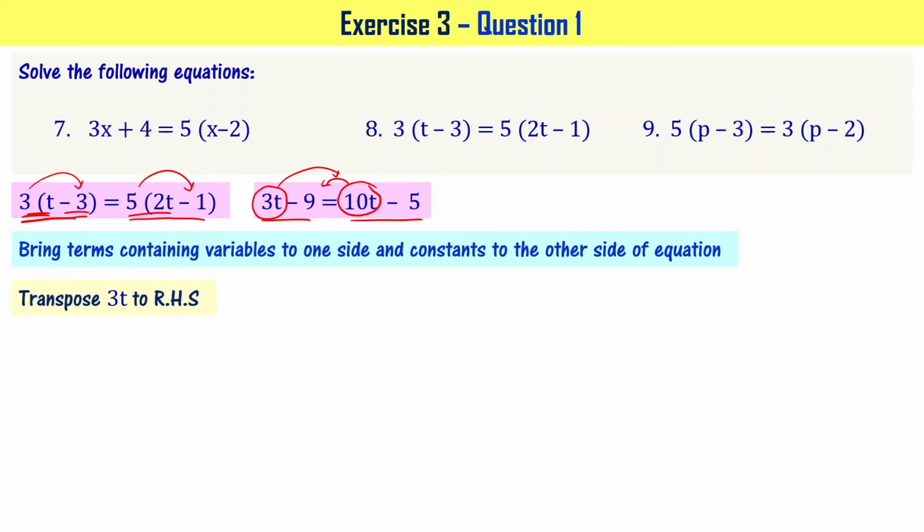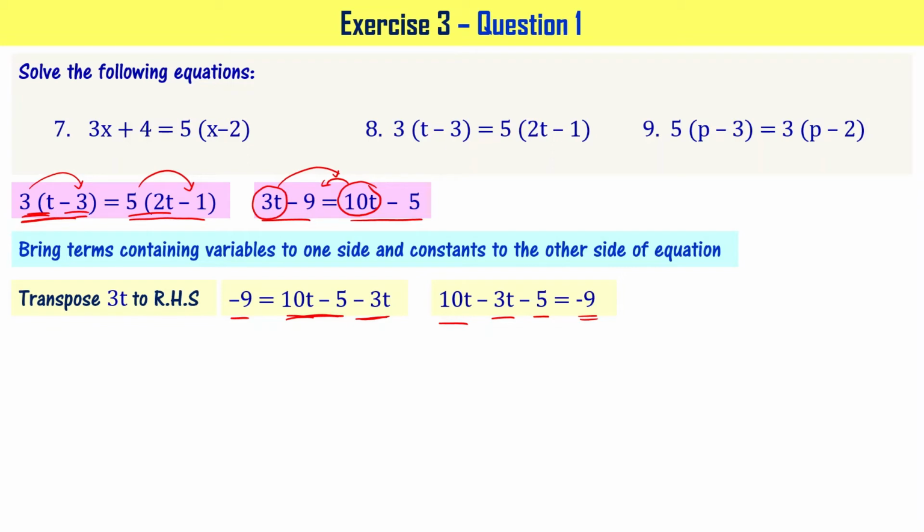When I do that, it is going to be minus 3t, right? The equation now can be written as minus 9 equal to 10t minus 5, that is RHS as is written, and minus 3t. Now let me rearrange this equation such that I can write it as 10t minus 3t minus 5 equal to minus 9.